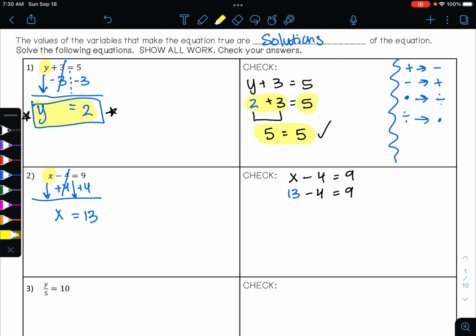We're trying to prove that the left side of the equation equals the right side. 13 minus 4 is 9. Does 9 equal 9? Yes, it does. So x equals 13 is our answer.